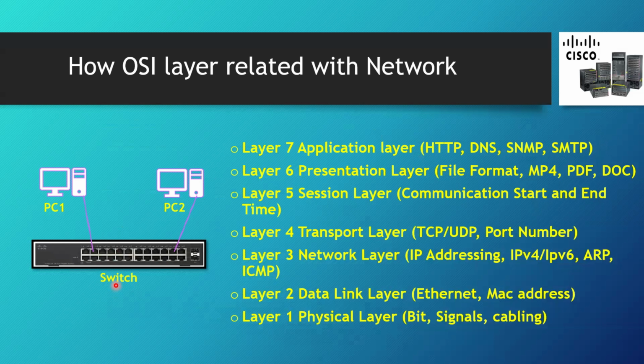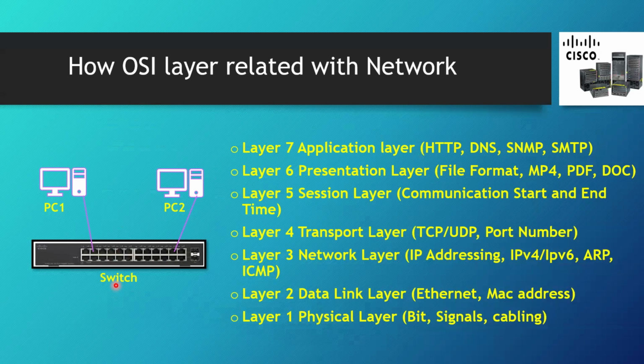If you send an email from PC1 to PC2, basically the email will go through the physical layer, making sure it's connected with the right device. After that, the IP address needs to be there. Then the proper TCP protocol should be accessible. And then you need some mail client or web browser, which is actually the application layer.